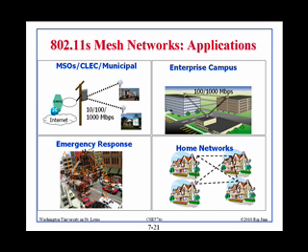Then there is a mesh mode, 11S, and the mesh mode means that the signal can go from one station to the next station. So for example, here there is a home network, and the traffic which is coming from somewhere else could be sent from this home to that home, from that home to that home before it reaches this home.